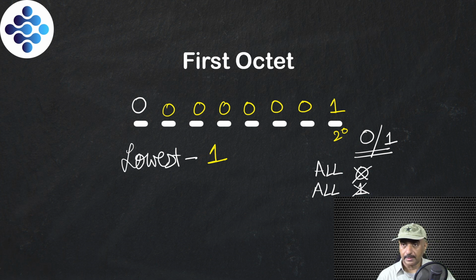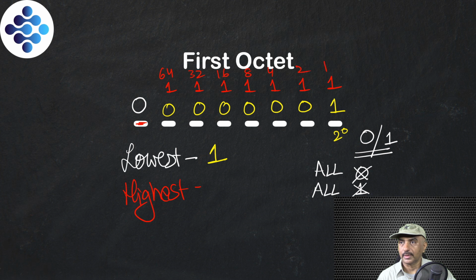Then for the highest, we start putting all of them as 1, 1, 1, 1, 1, 1 and 1. Yes, 1, because 0 is already there and this is fixed. It cannot be changed. So what would be the value of this? Say this is 64, 32, 16, 8, 4, 2, 1. We add 64 plus 16 is 80, 32 plus 8 is 40, 4, 5, 6, 7.